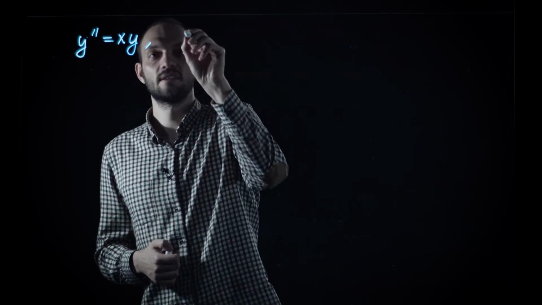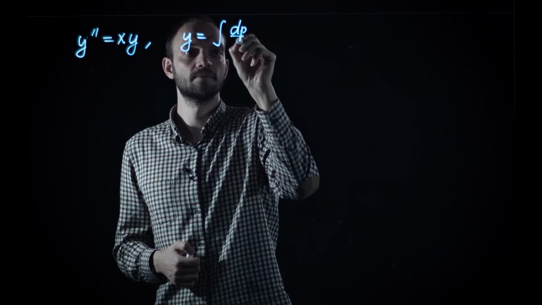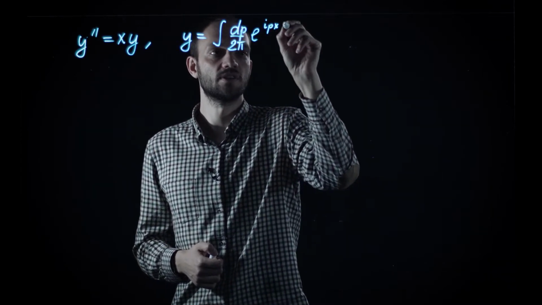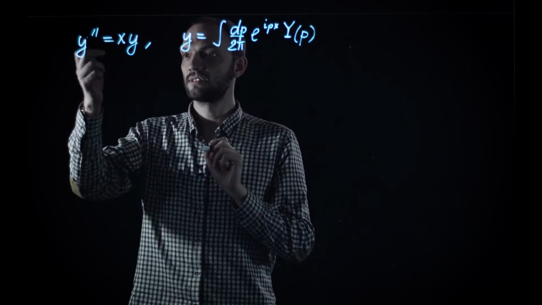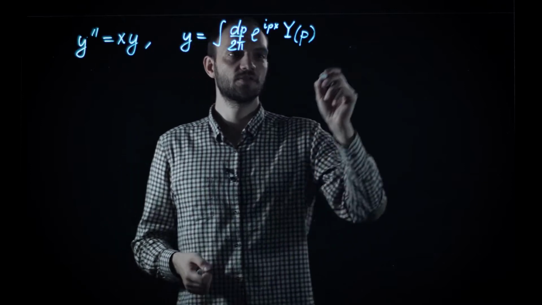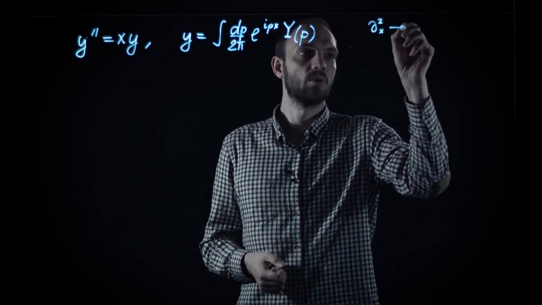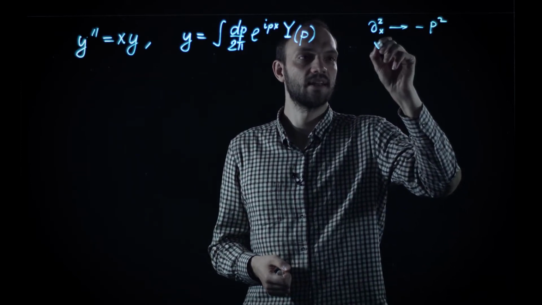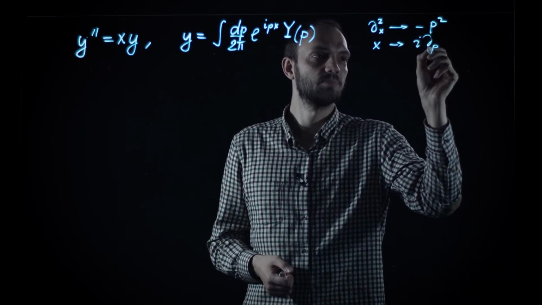So, this equation is conveniently solved with the use of Fourier transformation. So we introduce a new function y capital of p, and this equation can be transformed in the momentum domain by the usual rules, where the second derivative is replaced by minus p squared, and x is replaced by i d over dp.